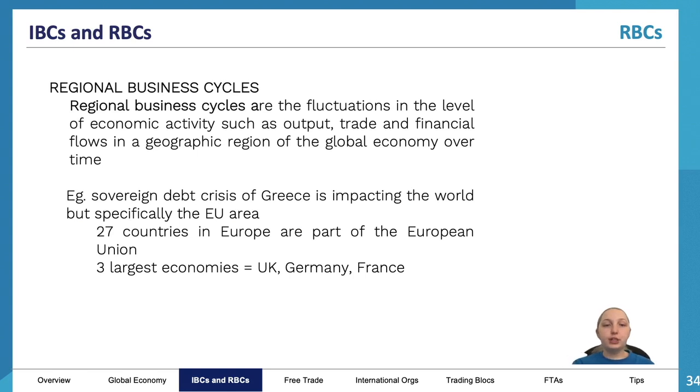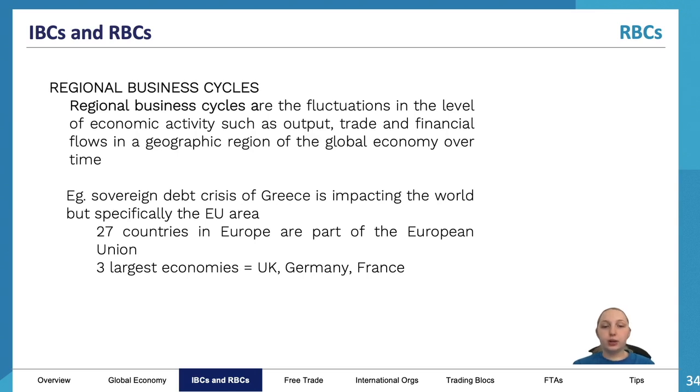So your regional business cycle then, fairly self-explanatory, but just as a definition, are the fluctuations in the level of economic activity, such as output, trade, and financial flows in a geographic region of the global economy over time. So, for example, the sovereign debt crisis in Greece impacted the world, but more specifically, geographically impacted the EU area.